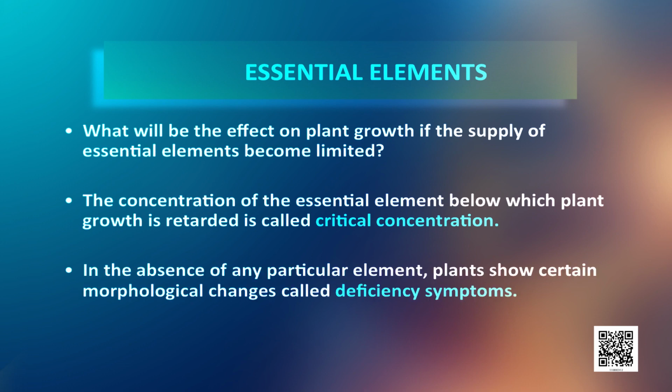In the absence of any particular element, plant will show morphological changes called deficiency symptoms. In which part of the plant deficiency symptoms will first appear depends upon whether the element is mobile or immobile. If the element is mobile, it means it can move quickly from one part of the plant to the other.